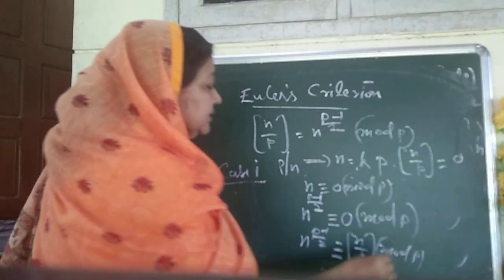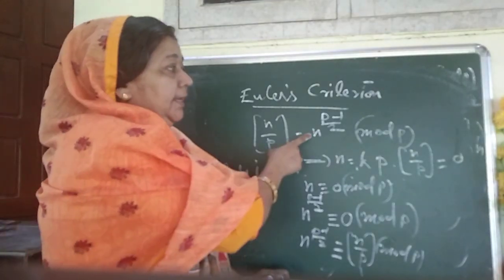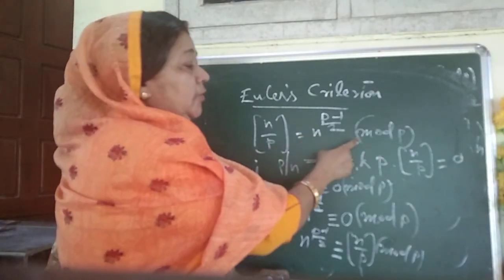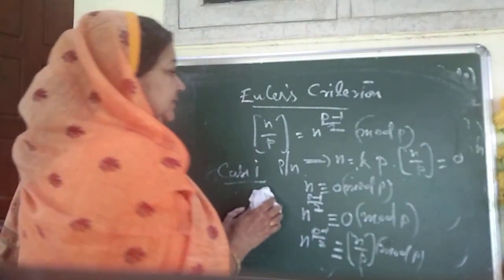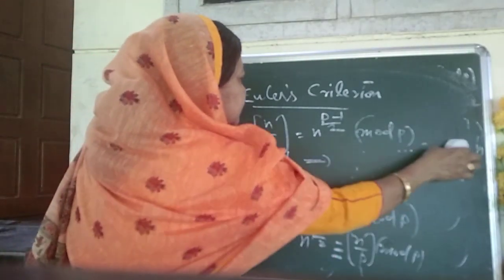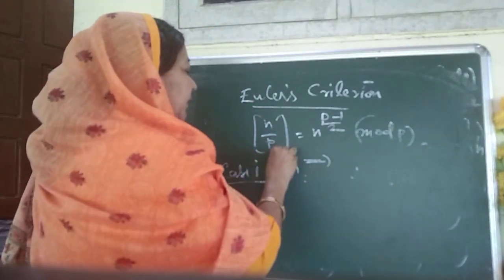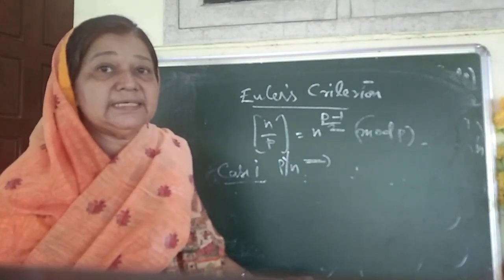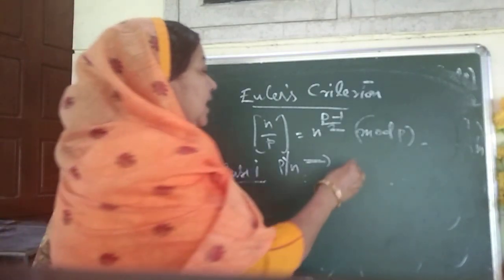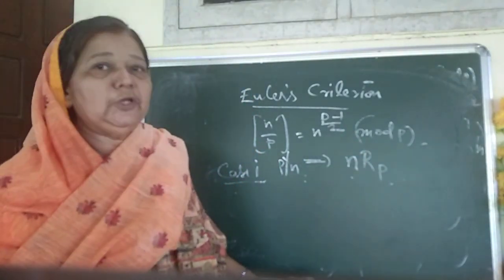Applying the symmetric property, we have n by p equal to n raised to p minus 1 by 2 mod p if p divides n. Then the second case is if p does not divide n. In this case, two cases arise. The first case is n belongs to quadratic residue modulo p.